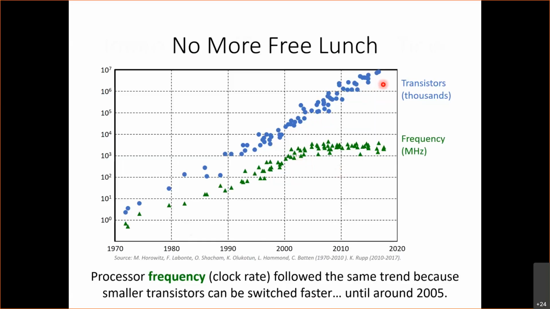So we get two benefits from having smaller transistors. One of them is that we can have more of them in the same unit area. The other benefit is that because these transistors are smaller, we can switch them on and off faster, and that benefits the frequency.